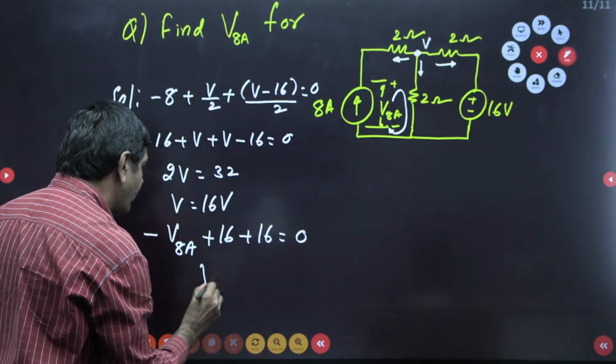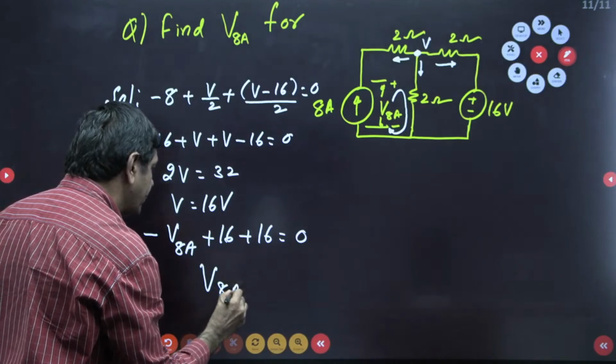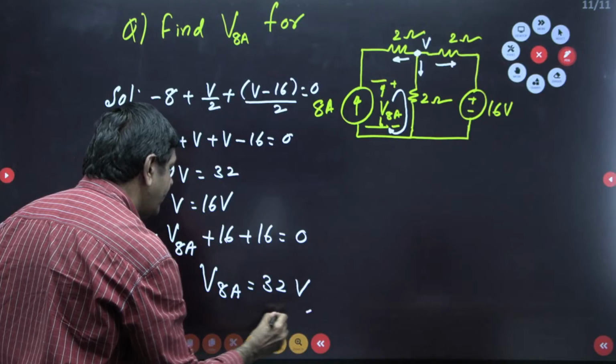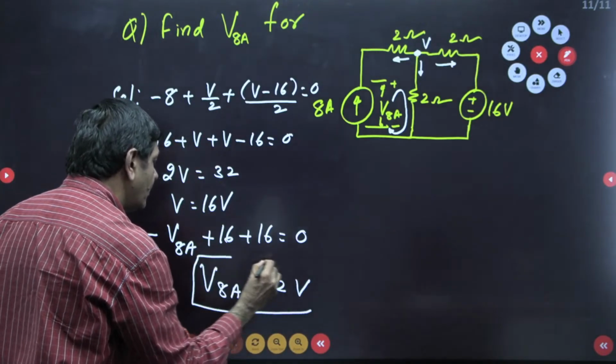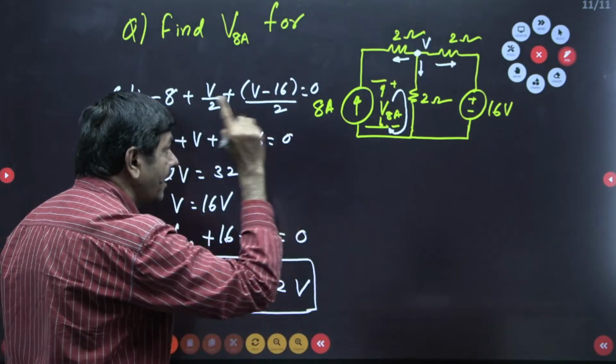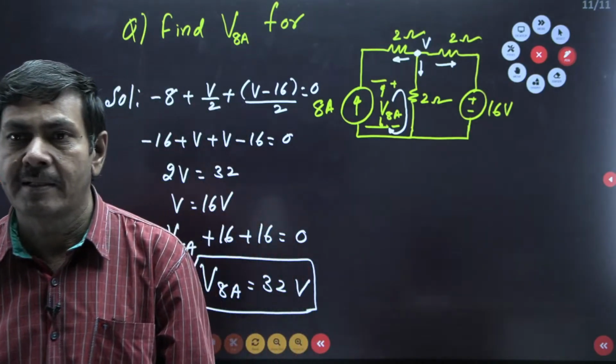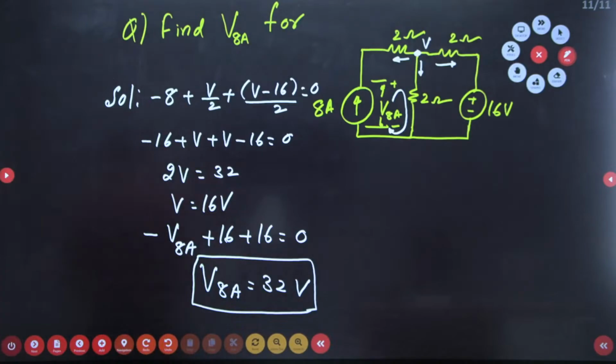Then the voltage across the 8 amperes is 16 plus 16, 32 volts. This is the voltage across this current source. That way we can calculate the required current. That is the answer.